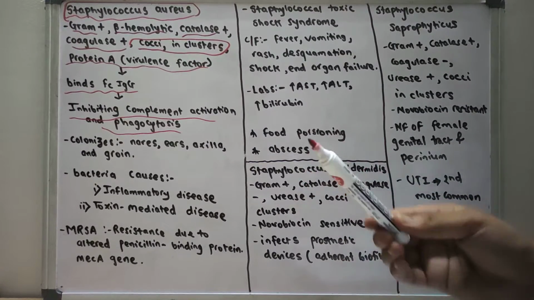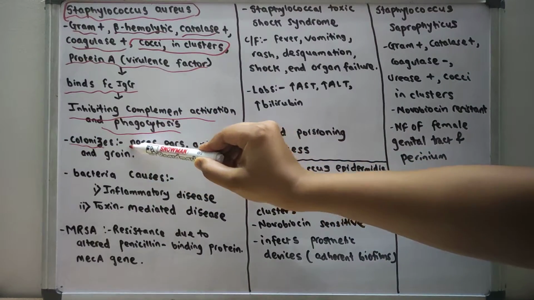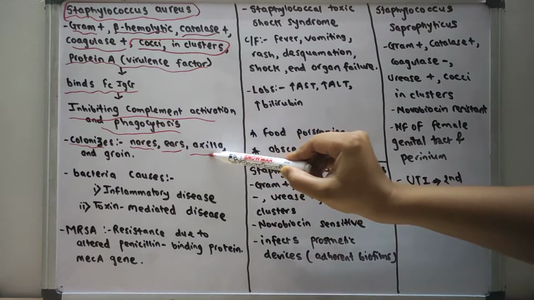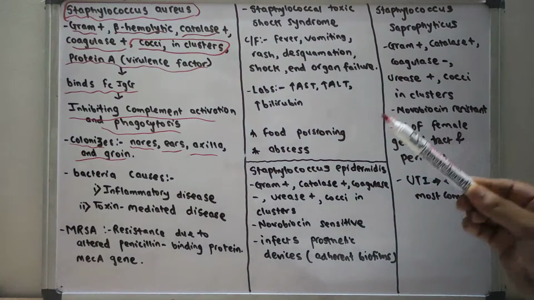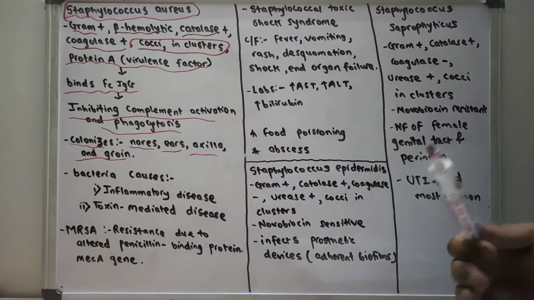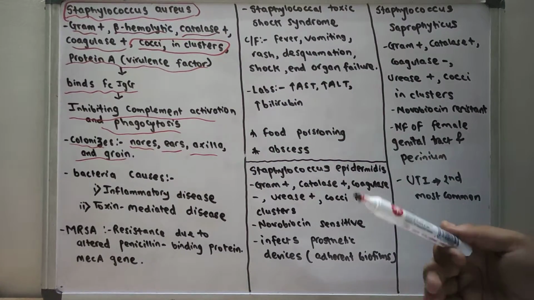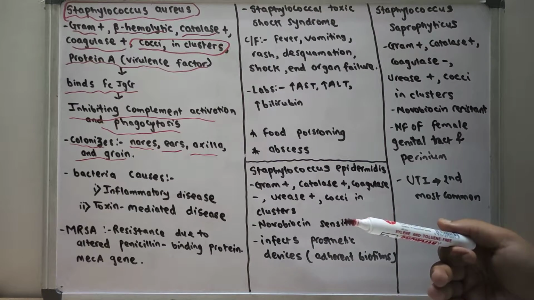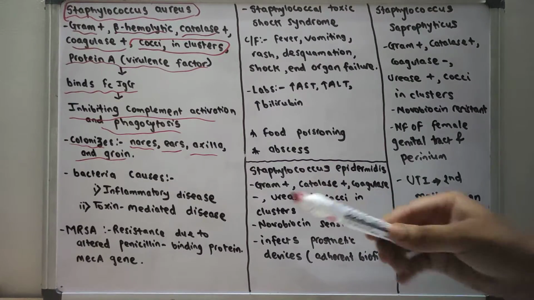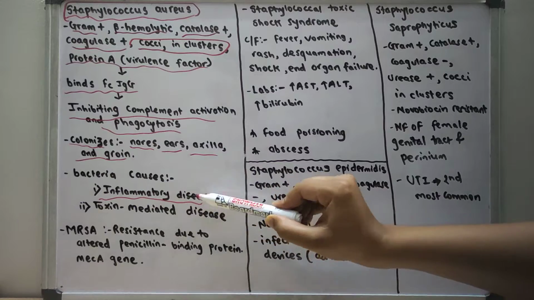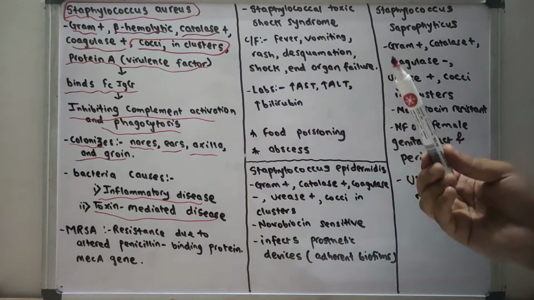Staphylococcus aureus colonizes the ears, axilla and groin. The various diseases that Staphylococcus aureus causes are inflammatory diseases and toxin mediated diseases.